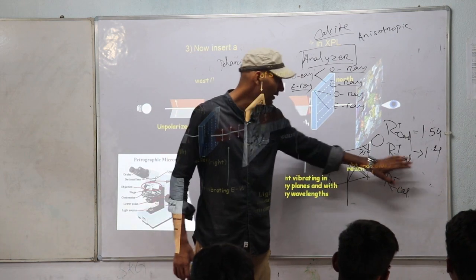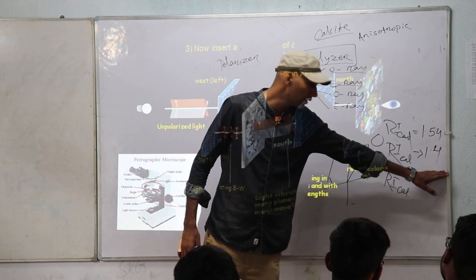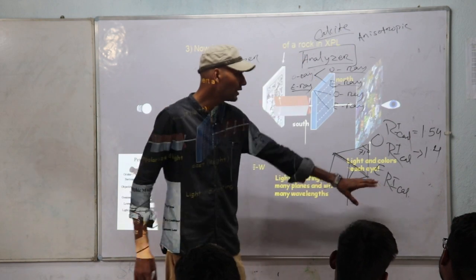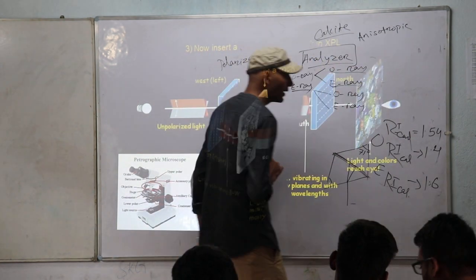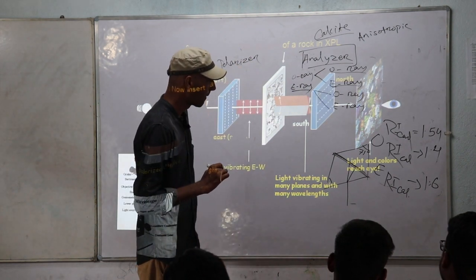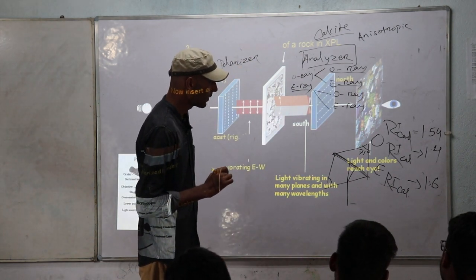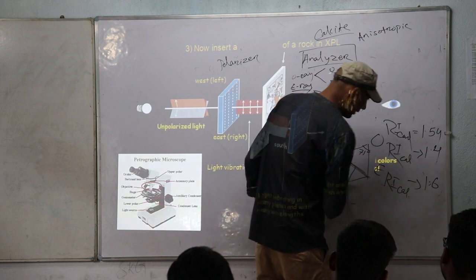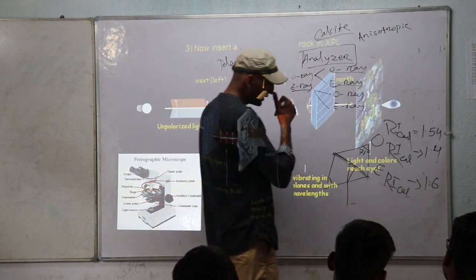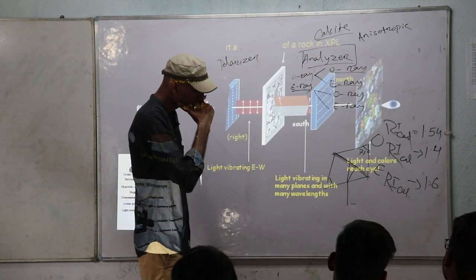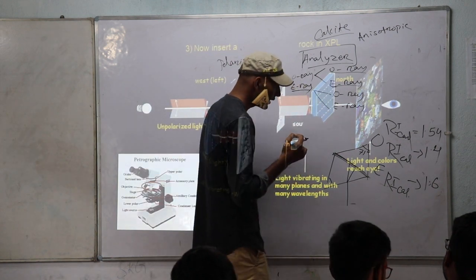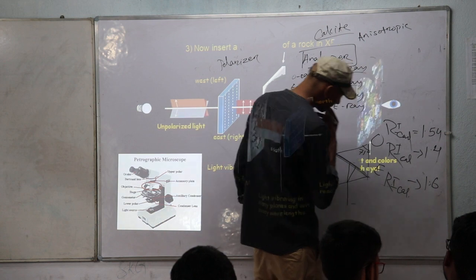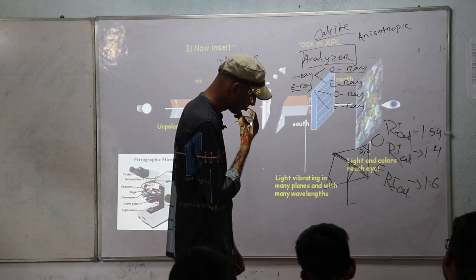For calcite, the ordinary has some refractive index and the extraordinary has some refractive index. So extraordinary, I think that is 1.6, or I think ordinary is 1.6. Ordinary is 1.6 or extraordinary is 1.6. Extraordinary is 1.6. Very slow.